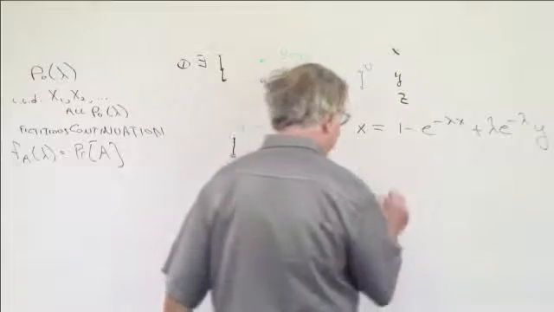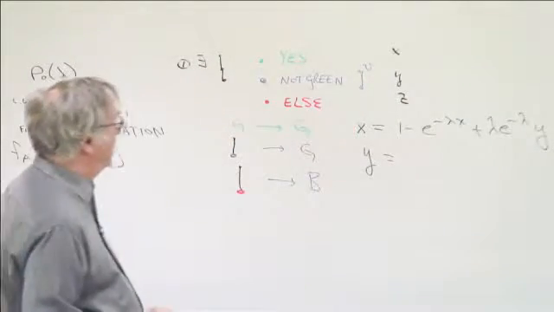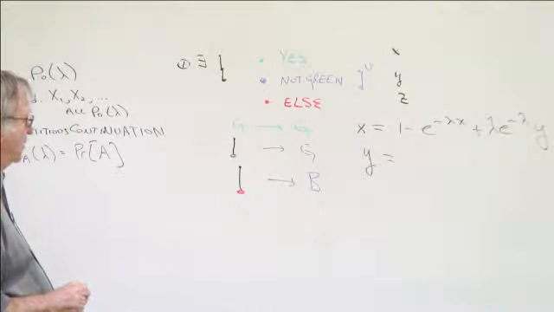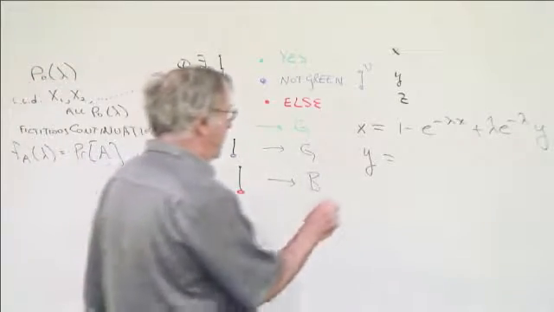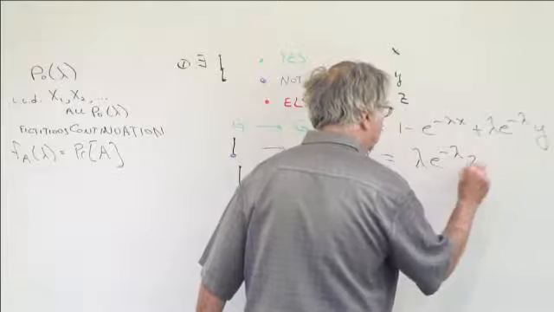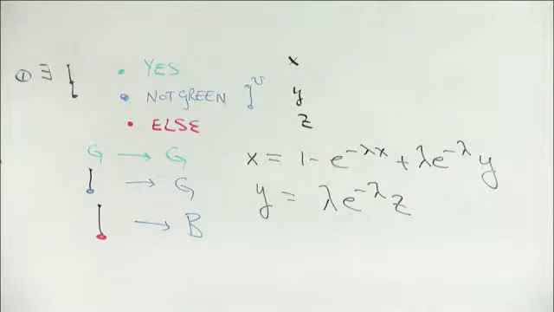On the other hand, what is the probability that you're going to be blue? You have to have exactly one child, which is red, so it's lambda e to the minus lambda z. And I don't have to put in the third one because these are distributions. Their sum has to add up to 1.